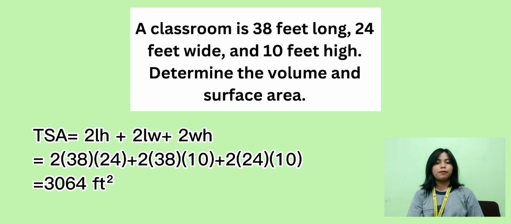First is substitute all of them: 2 times 38 times 24 plus 2 times 38 times 10 plus 2 times 24 times 10. Then multiply or compute all of them. So, the total will be 3,064 feet squared. That is the total surface area of the classroom.